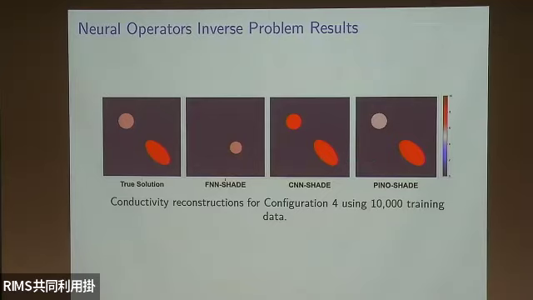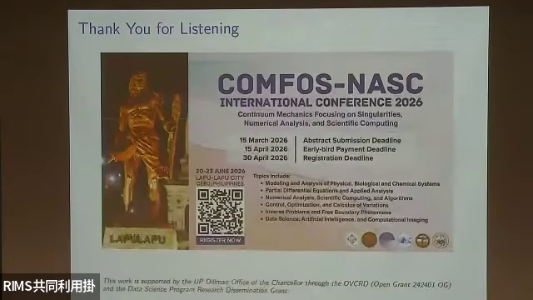I think this is one of the selling points of using physics informed neural operators. But of course, if you have more data, I still recommend FNN and CNN, because the forward solution is also faster. Okay, I think that's it for my presentation.